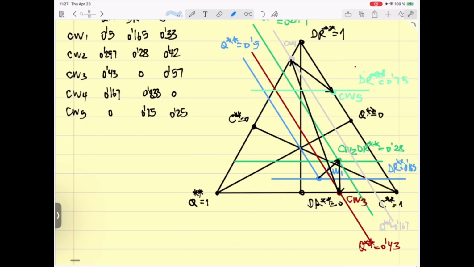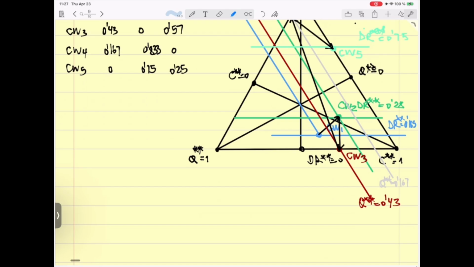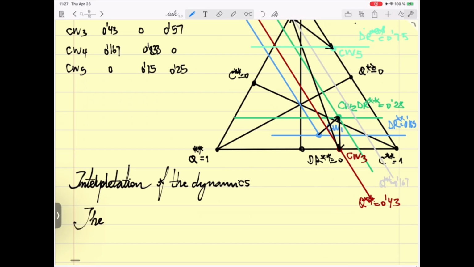So we can interpret the dynamics. Okay, so the system is in alignment. This word is important, okay?